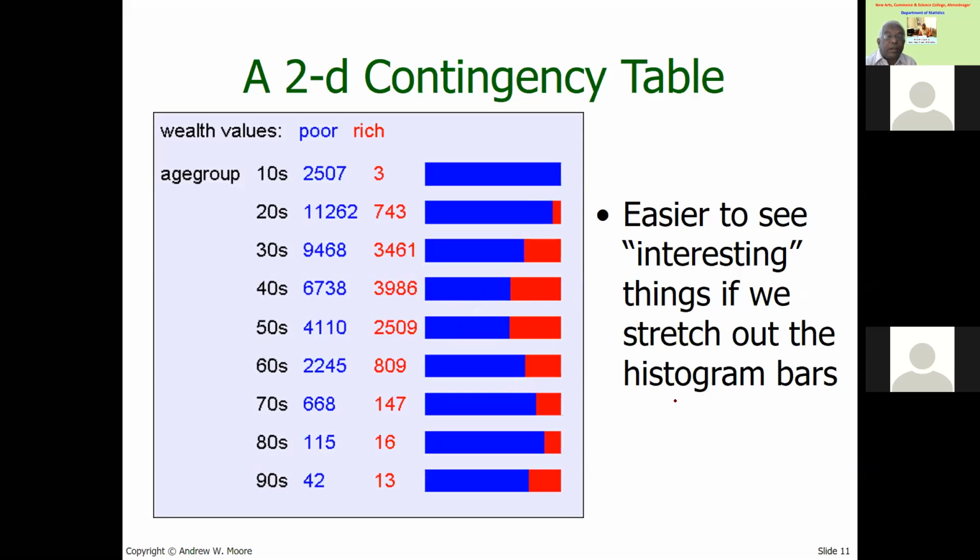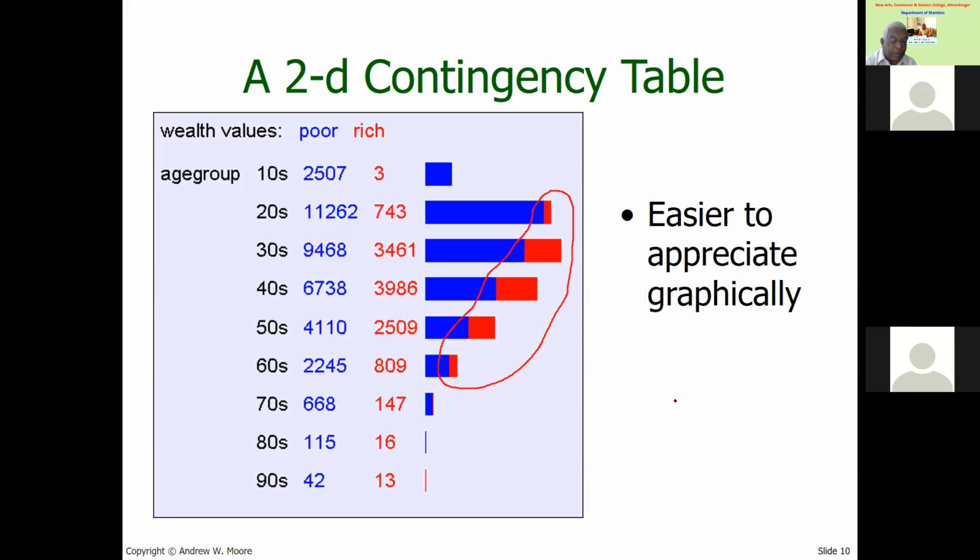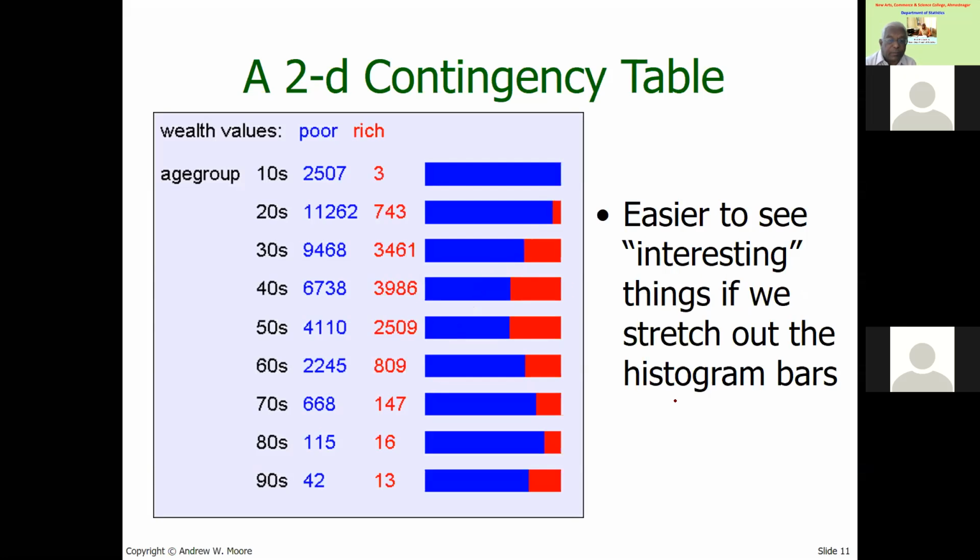This is another contingency table. Now it is expressed in terms of percentage. This is not in percentage, but now it is expressed in percentage. And if you see, this is the distribution of people in terms of percentage.